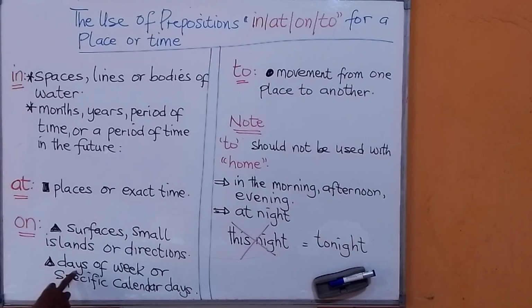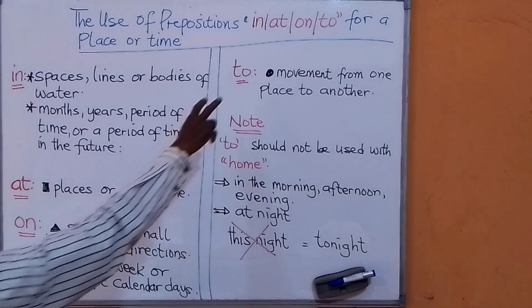That's when we are talking about days of the week or specific calendar days. For example, you say on Independence Day, on Mondays, on Fridays, on Tobaski Day, on Easter Day, on Christmas Day. When you are talking about a particular celebration or a particular calendar day, you use on.